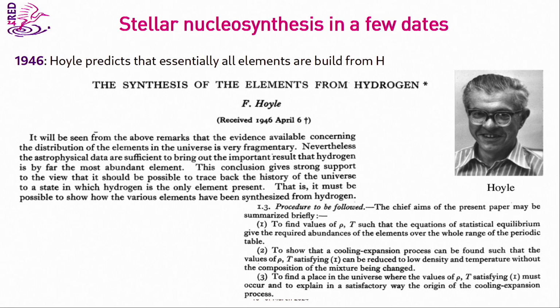Find the value of density and temperature such that equations of statistical equilibrium give the required abundances of the elements over the whole range of the periodic table, show that a cooling expansion process can be found such that the value of density and temperature satisfying the first hypothesis can be reduced to low density and temperature, and find a place in the universe where the actual values of density and temperature satisfying this must occur.